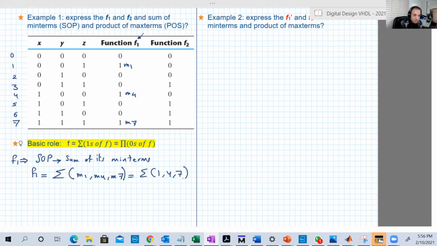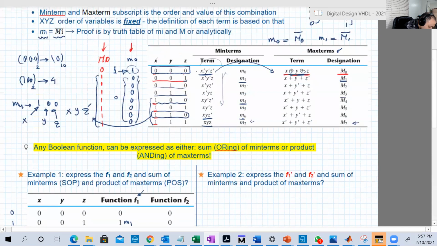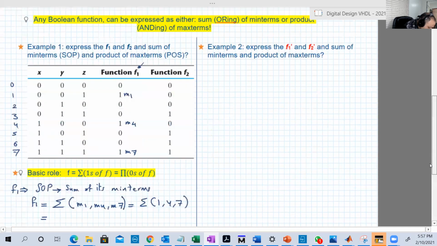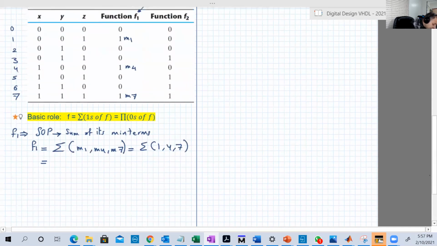But where is the expression itself? That's fine. You just write the corresponding value of m1, m4, m7. You don't need to remember them. Of course, they are written here, but you don't need to remember them. Just look at the literals, the variables here. Whenever you see a 0, that's a prime or a complement. Whenever you see a 1, that's the variable as it is.